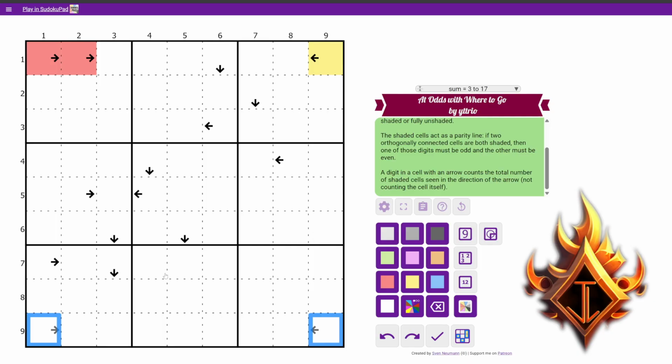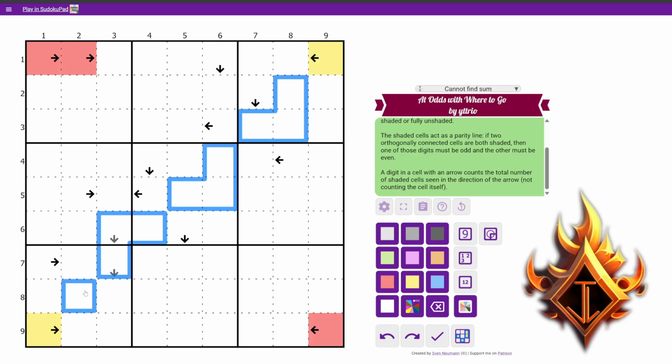The point is that this one cannot be unshaded or yellow, because in a yin-yang puzzle, once these two got eventually connected in whatever way, we're going to isolate the two red sides.